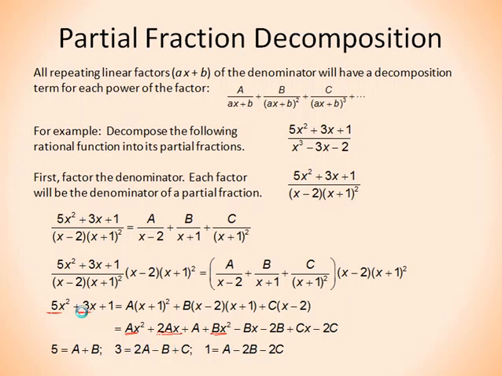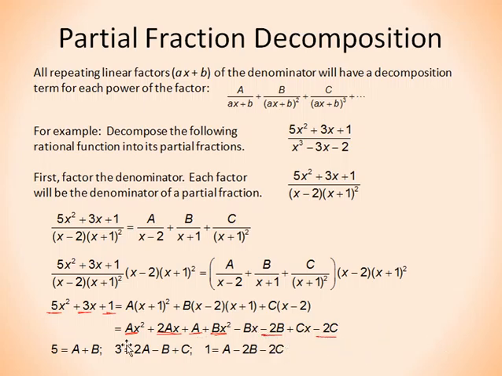So 3 is going to equal 2a minus b plus c, and the 1, the constant here, is going to equal what I have for constants here, which is a, I'm sorry, plus 2b, minus 2b, I forgot the minus 2b. So this 1 equals a minus 2b minus 2c.